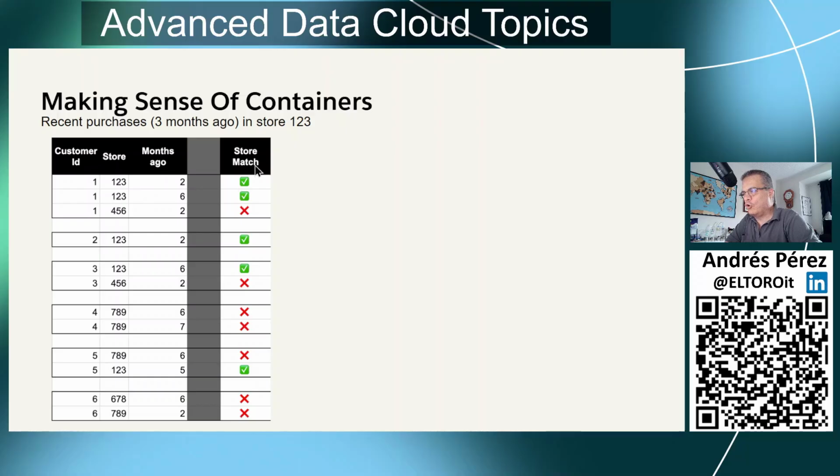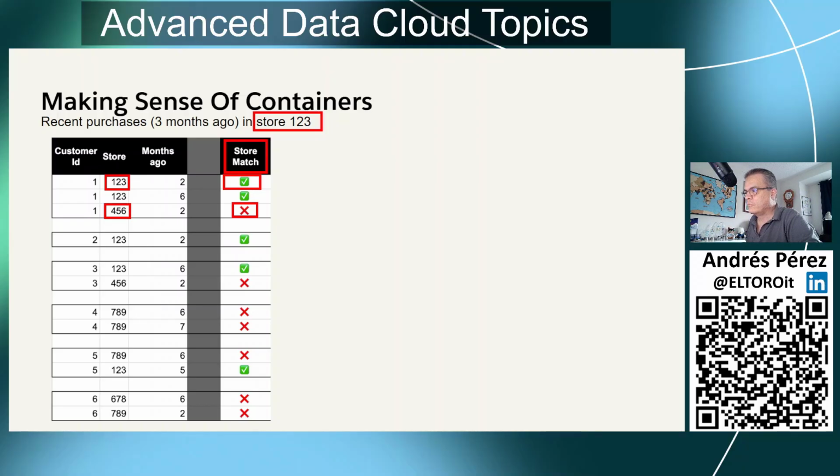Let's take one row at a time and see if the store matches. It will match if it is a store 1 to 3. This one will match. This one will not match. Green check mark means yes, of course, and red X means no, of course.